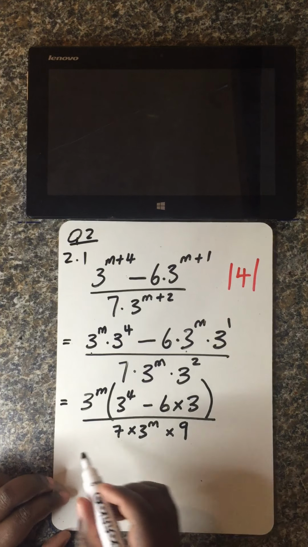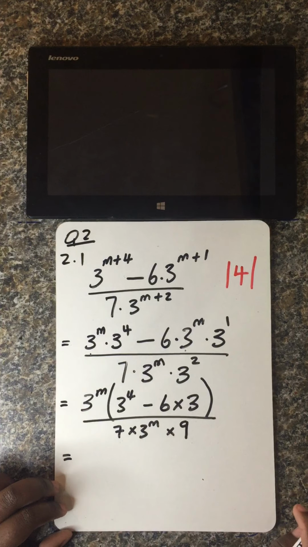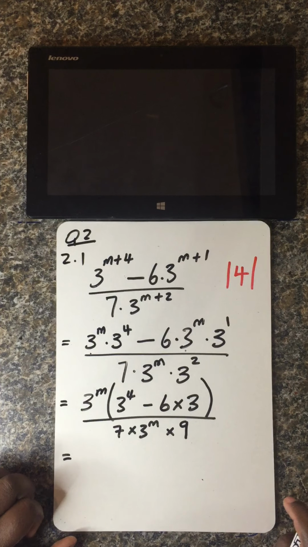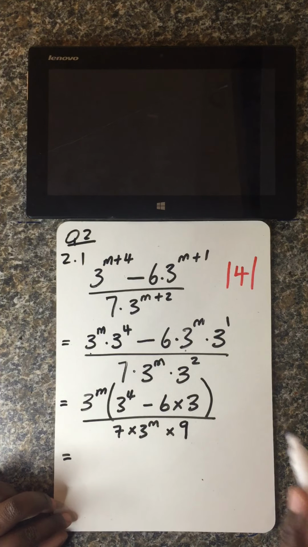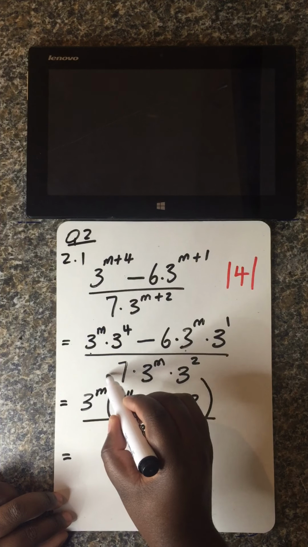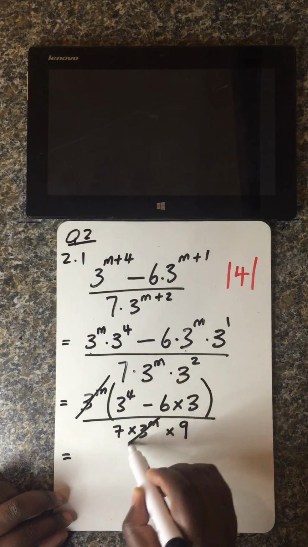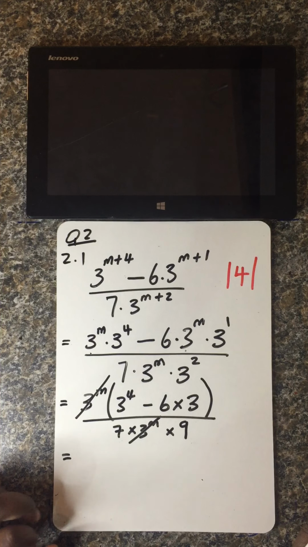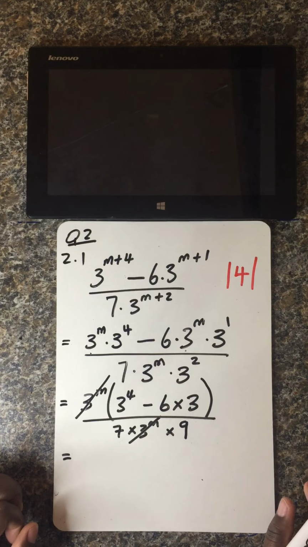Now let's move to the third step, which is very, very important. I hope you're able to see that this cancels with that. It's very important that you notice and know exactly what you're doing.